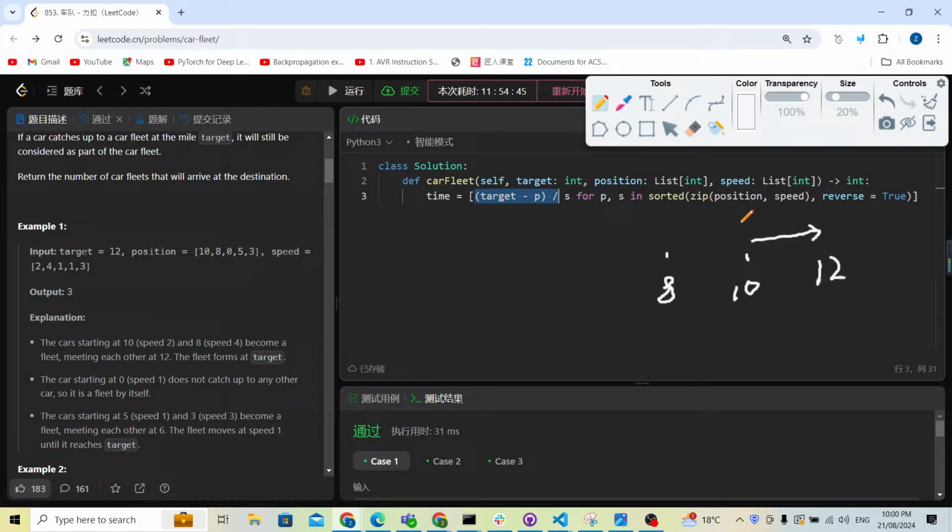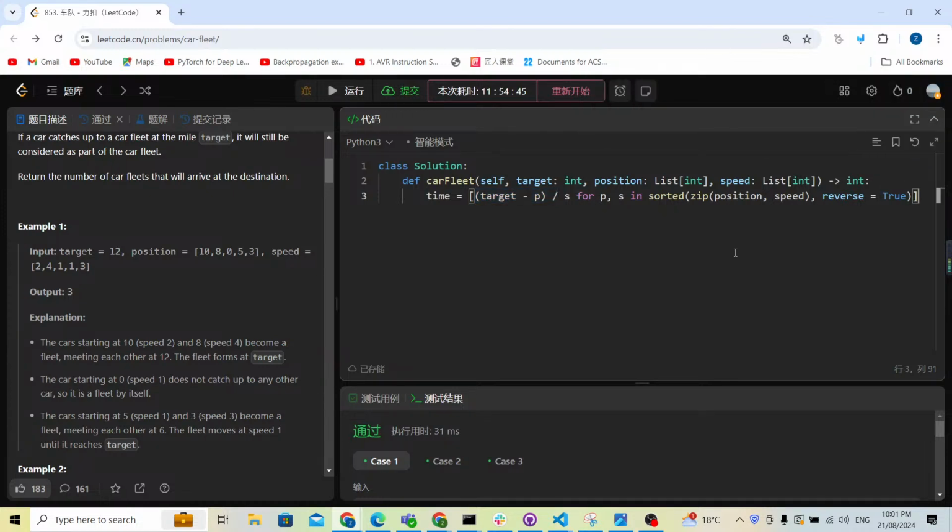Here I have a time of 1 for the speed of 2. Here for the speed of 4, I have another time of 1. And then I'm going to check it by using the stack. I'm going to check the first one, because currently it is already in reverse order, and then the second one at position 8.